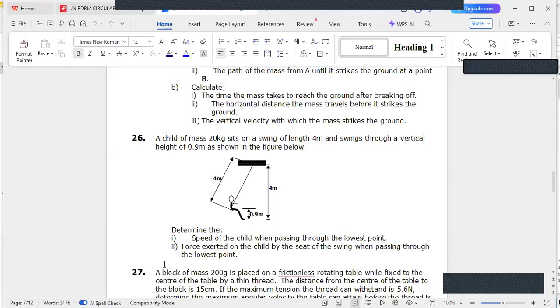The mass is 20, our v is 4.243 squared, radius is 4 meters, plus 20 times 10. So we have 5 times 4.243 squared plus 200, which gives us 290 newtons. So the force exerted on the child by the seat is 290 newtons.